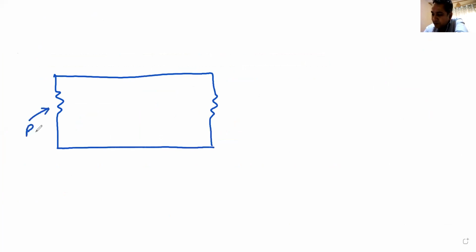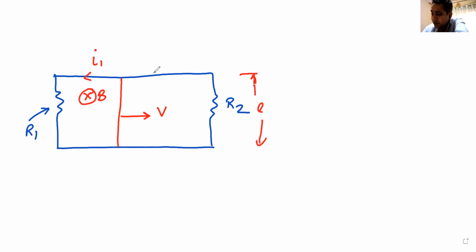This is resistance R1. This is resistance R2. Now this is a rod of length L, moving with a velocity V in a magnetic field which is going inside, B. If I call the current in this branch as I1, the current in this branch as I2, and the current in the central branch as I, can you tell me the value of I1, I2, and I?